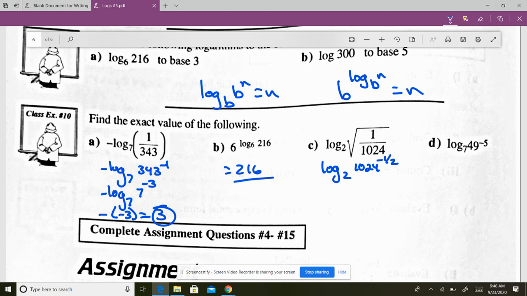Okay. Can 1024 be made into base 2? It can. Anybody know what it is? 10. So it's 2 to the 10. There's negative 1/2. What's my answer? Negative 10 over 2, which is negative 5.